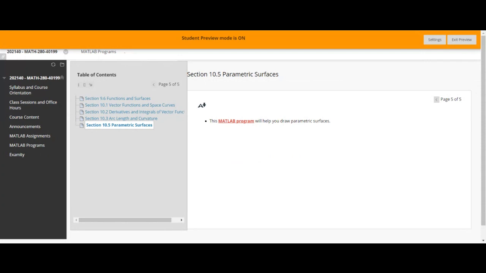If you click on the link for the MATLAB program, you can download the M file and then click on it, and assuming MATLAB is installed on your computer, it ought to bring up MATLAB.